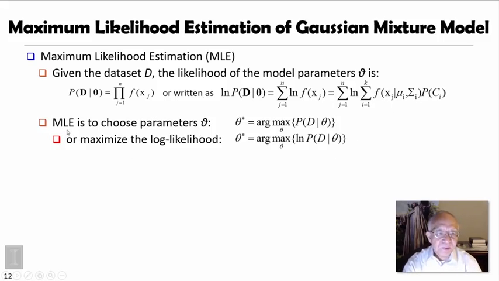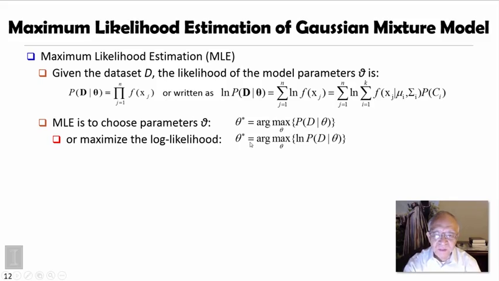Then maximum likelihood estimation is to choose the parameter set theta so as to maximize this probability. Or we can think of it as maximizing the log likelihood.